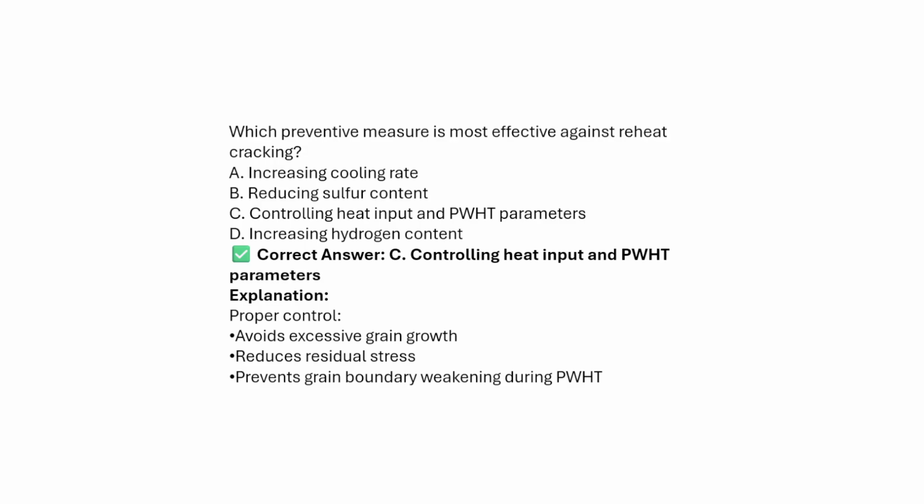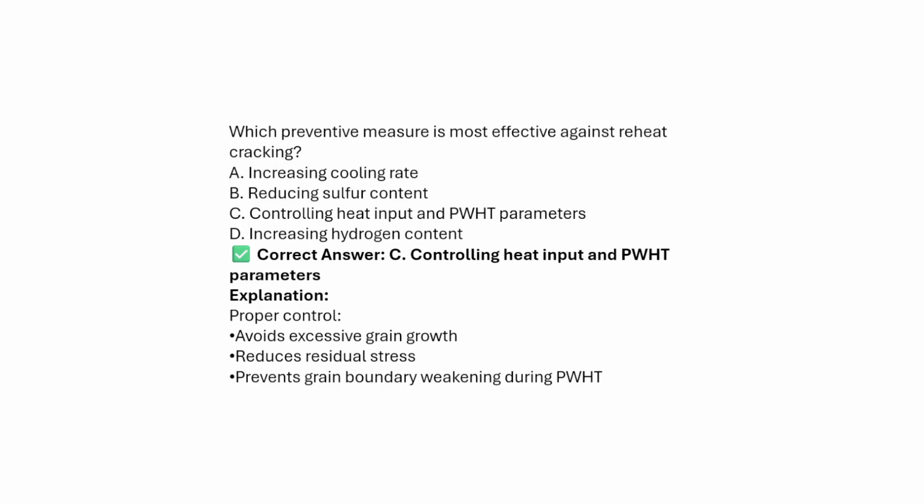Which preventive measure is more effective against reheat cracking? A, increasing the cooling rate. B, reducing the sulfur content. C, controlling the heat input and post weld heat treatment parameters. D, increasing the hydrogen content.